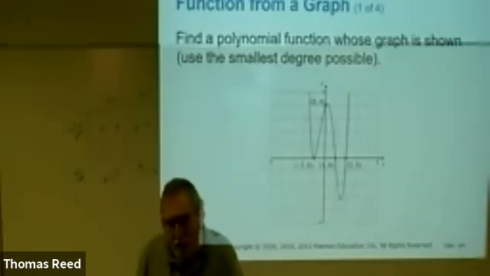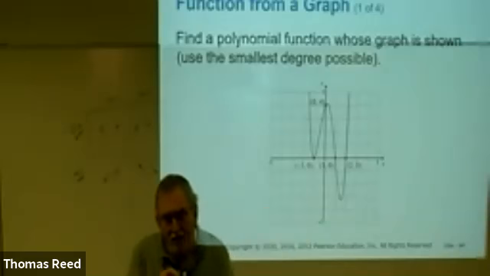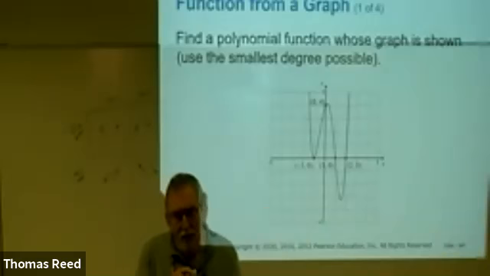If R is a 0, then R is an x-intercept, and x minus R is a factor, and R is a solution to f of x equal to 0.